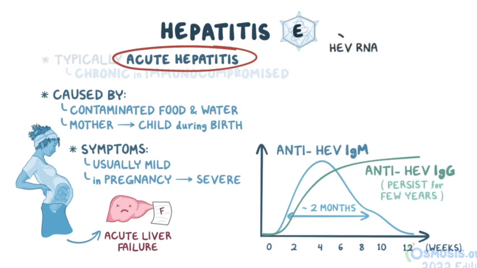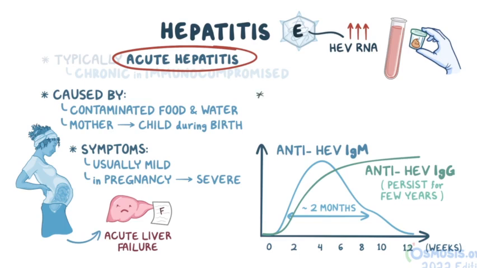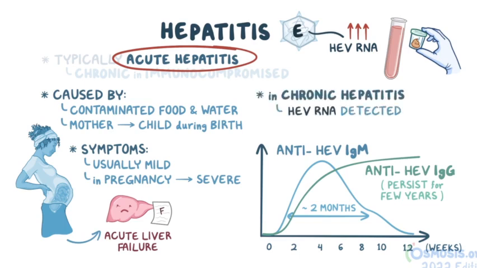HEV RNA, which is a marker of virus replication, is also checked in the stool, or in the serum, to confirm the infection, and levels are usually high. With chronic hepatitis E, HEV RNA is detected in the serum or in the stool for more than 6 months.